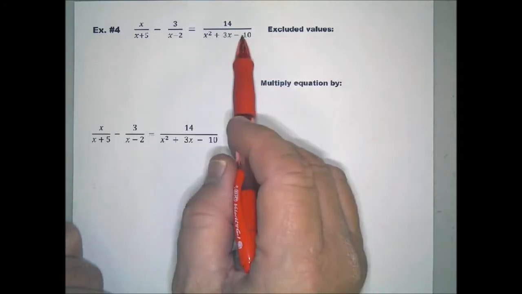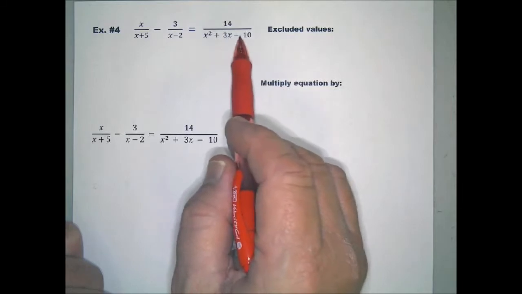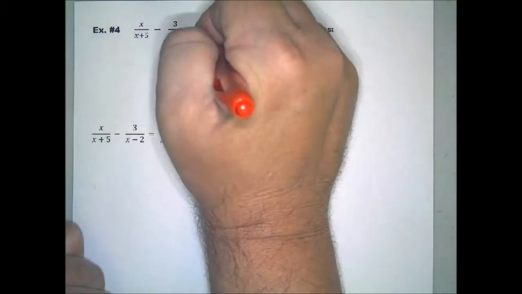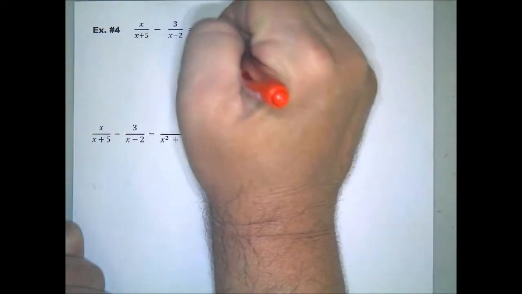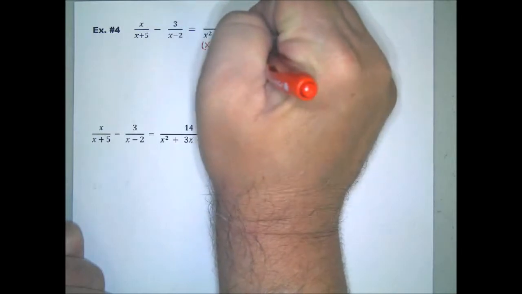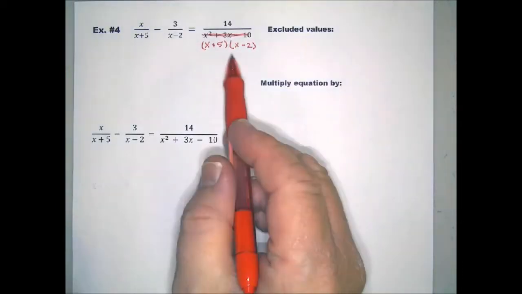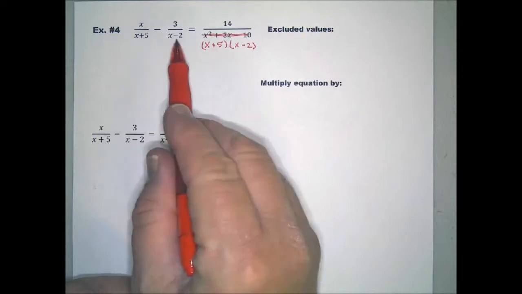I see that it is not factored, so I'm going to factor it. What are the factors of negative 10 that add up to positive 3? It happens to be x plus 5 and x minus 2. And you'll notice that that happens to be the product of the other two denominators.